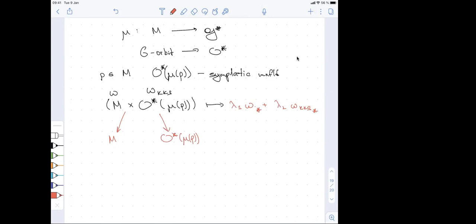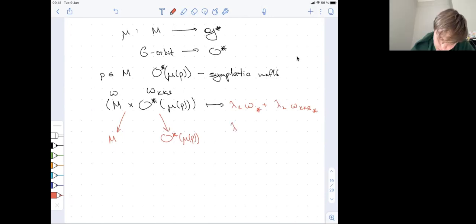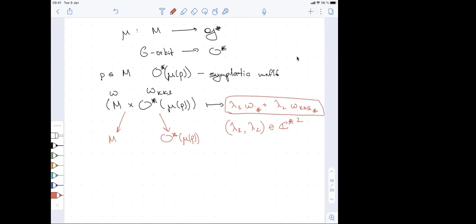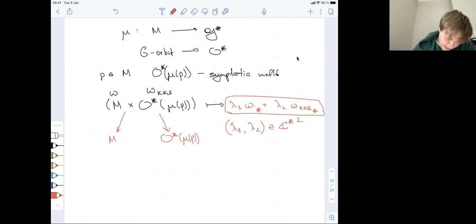A very simple theorem is that if lambda 1 and lambda 2 are in C star square, then this defines a symplectic form, right? And now let me consider a very special symplectic form with lambda 1 equal to 1 and lambda 2 equal to -1. So I will have omega star minus omega KKS star. All right?